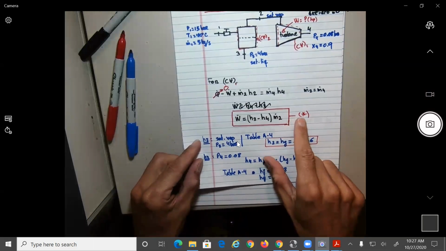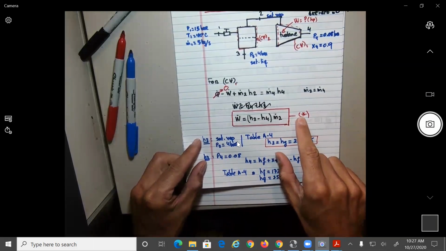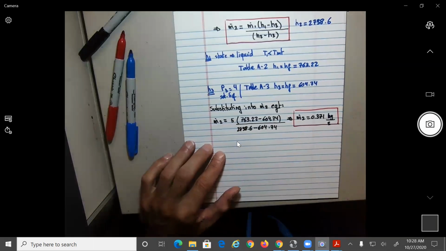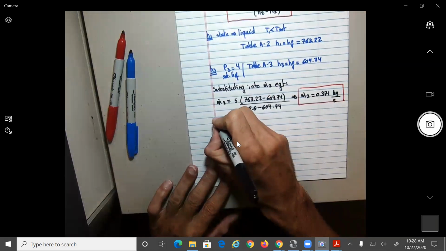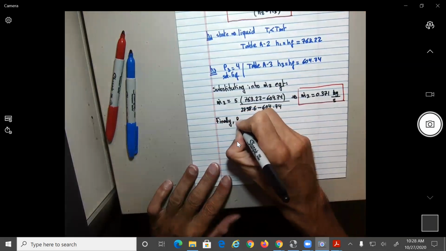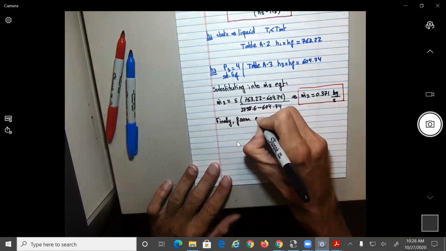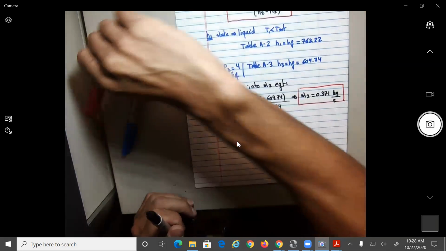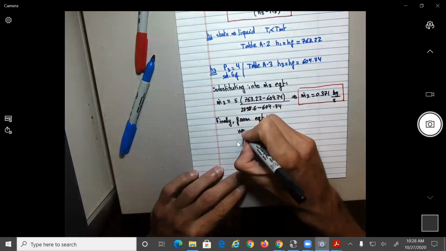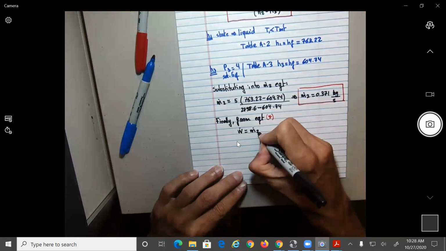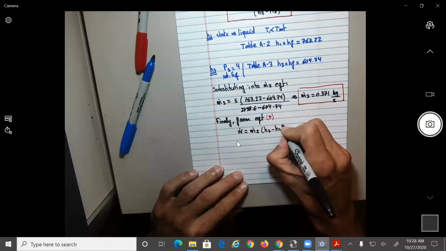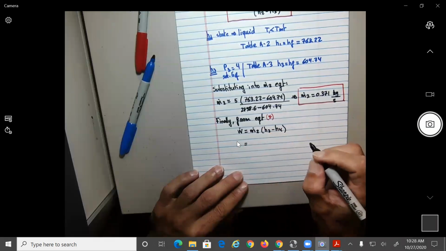So now that we have M2, what can we do? We can go back to the star equation and substitute for the final values, no? So finally, from equation star, the power of the turbine is equal to M2 times H2 minus H4. Be careful here with the units.